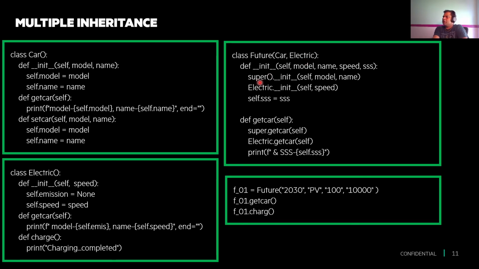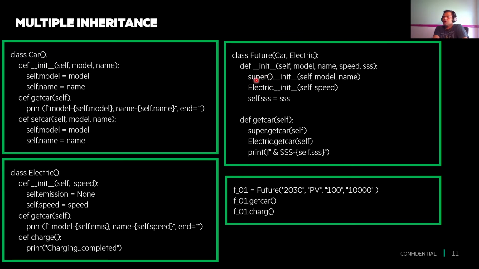And things became interesting here. This one will be one of the examples for our MRO function. What we did here, we are calling super. So we know that super indicates the parent class, but in this case, we have two parents, car and electric. So which one are we talking about?